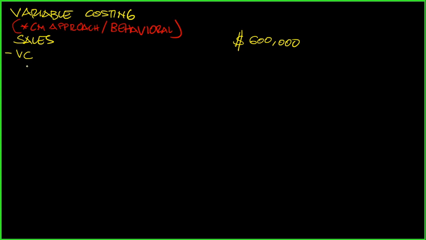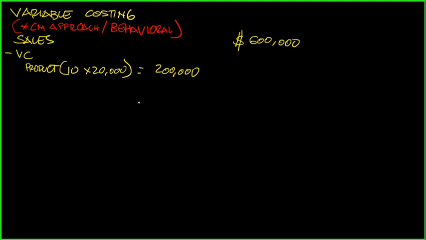Ayan, so you have the, for the product, which is purely variable, you have 10 times 20,000 units sold, that will be 200.